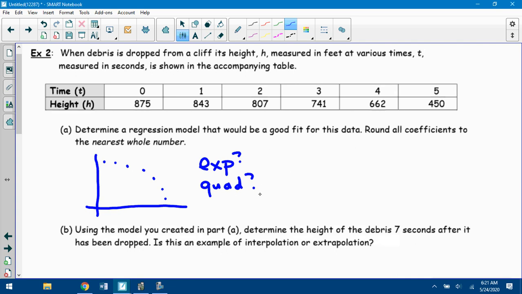If it's quadratic, it would look something like this. And if we just took this side of it, well, that looks almost exactly like what I have here. So I would say quadratic probably is the best. So we're going to go to stat, calc, quadreg.